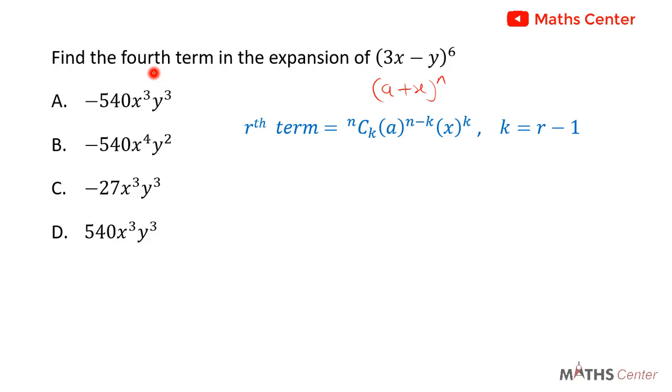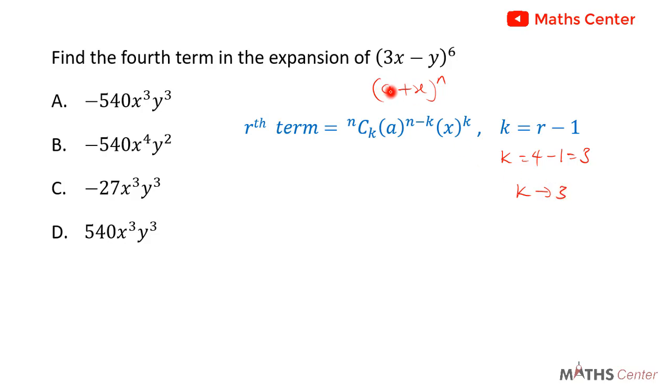Here, we want to find the fourth term. So it means that r is equal to 4. And if r is equal to 4, then k, which is r minus 1, will be 4 minus 1. And this gives us 3. So k is 3.